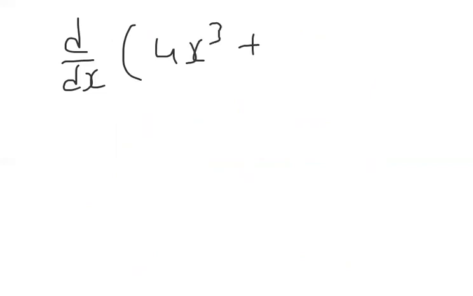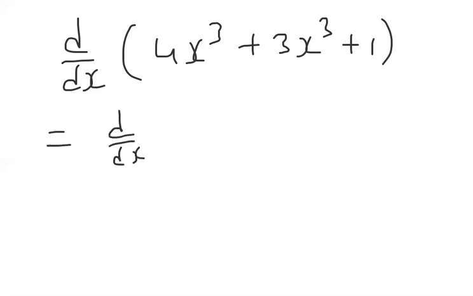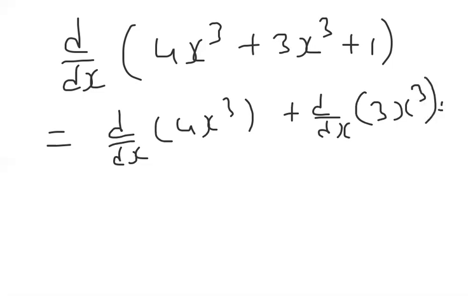They have given, suppose, d by dx of 4x cube plus 3x cube plus 1. How to handle this one? First of all, d by dx of 4x cube, again d by dx of 3x cube, plus d by dx of 1.